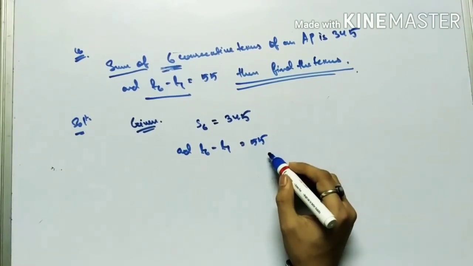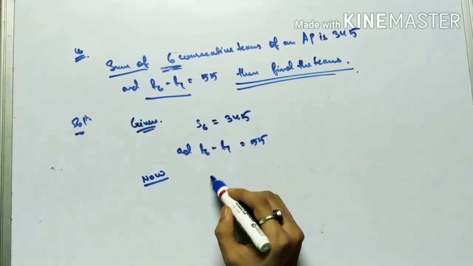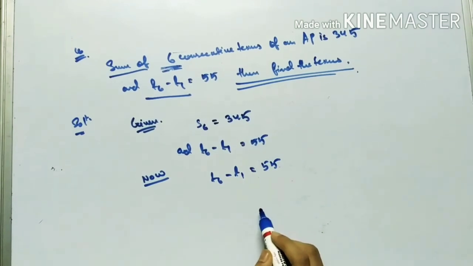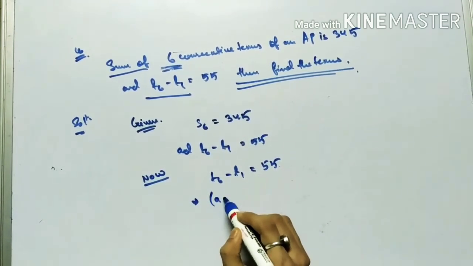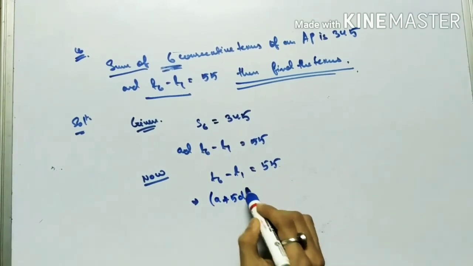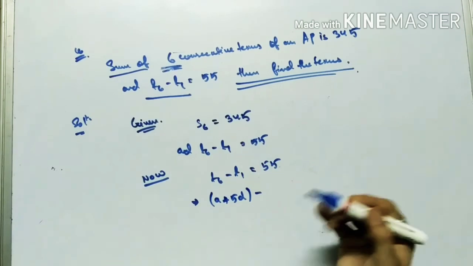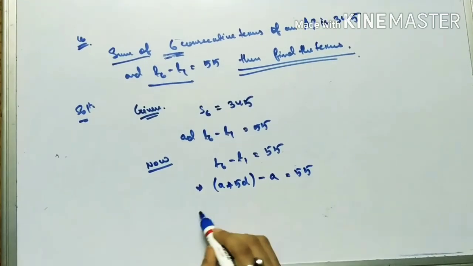So now first of all I will take T6 minus T1 equals 55. T6 I can write as A plus 5D, minus T1, which is the first term A, equals 55.